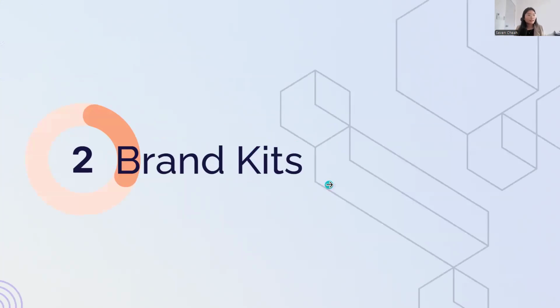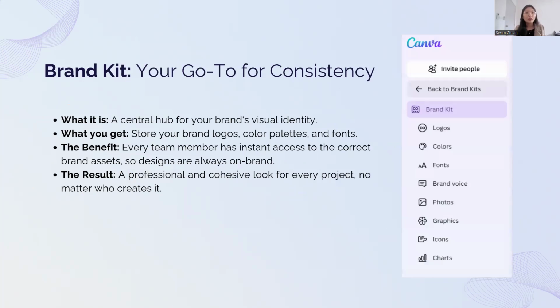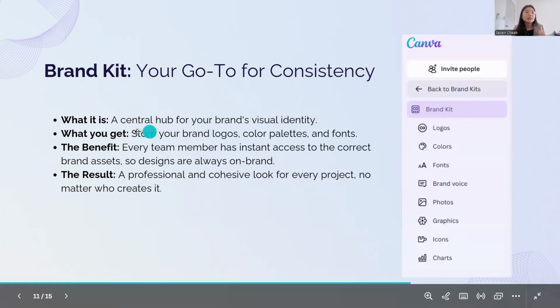And then the next one is another very great tool also, but this one is a pay function, which is called brand kits. So brand kits, as the name is can store all your brand element together. Okay, so this is example of brand kit screenshot here. It is a center hub. You can store everything.